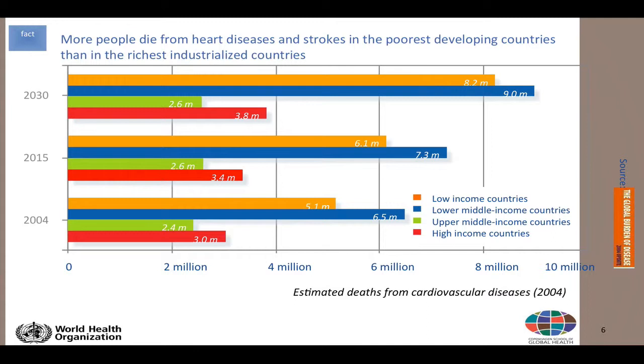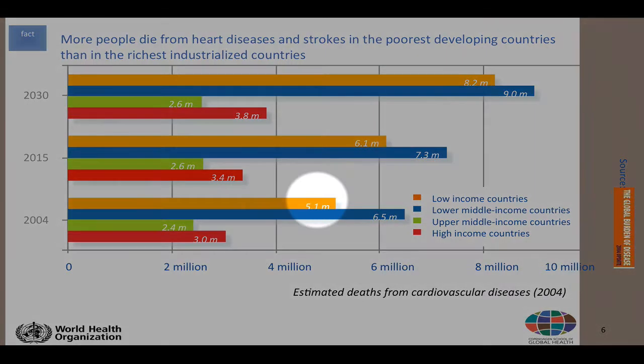The next strong argument was looking at where, geographically speaking, those NCDs occur. And if you look here mostly at the orange bar representing low-income countries, estimates 2004, projections 2015, and then 2013, you see that the biggest increases occur in those countries as opposed to the high-income countries.